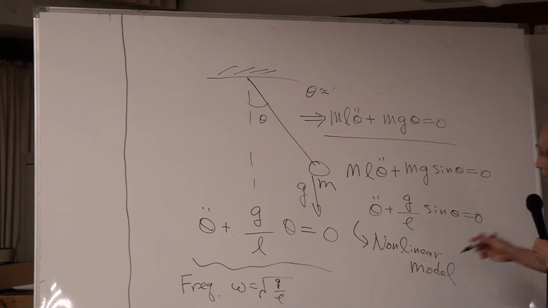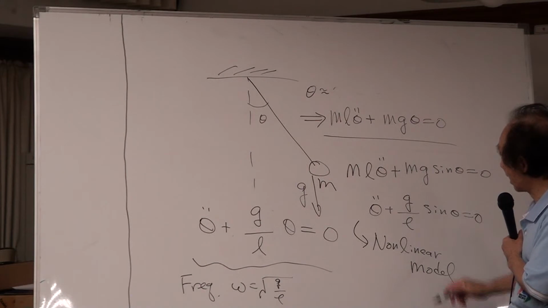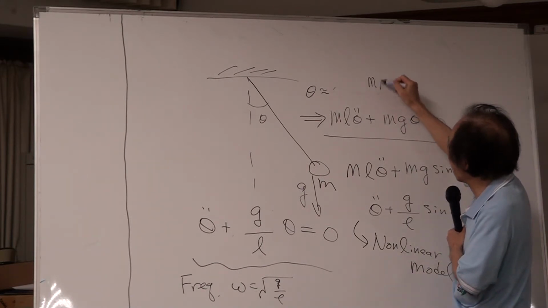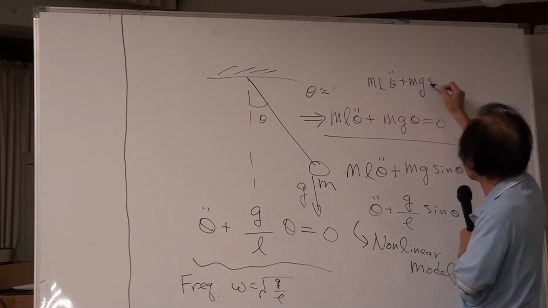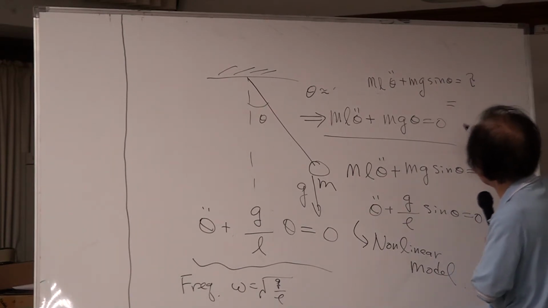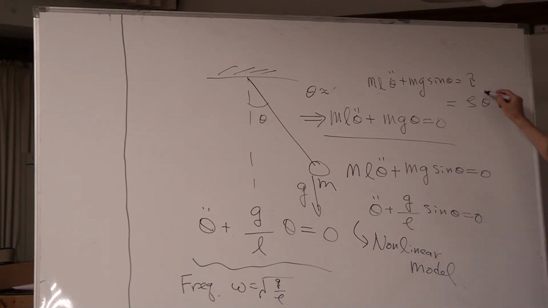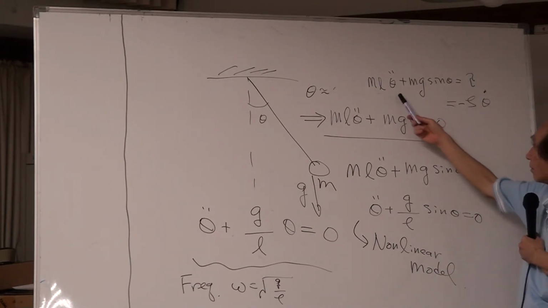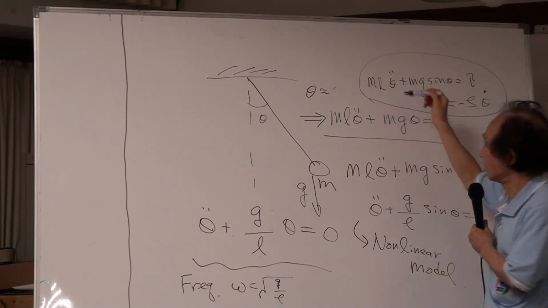For example, I just give you a simple example. If I have a simple feedback here: ML theta double dot plus MG sine theta equals my torque. Assume my torque is a constant zeta times theta dot, with a minus sign. In matter of fact, if I have a feedback with just theta dot there, this system still stays.